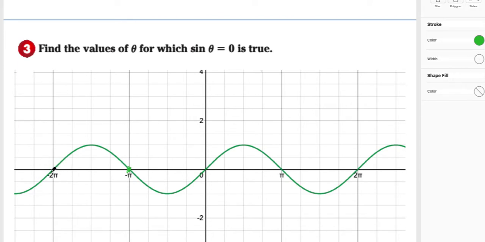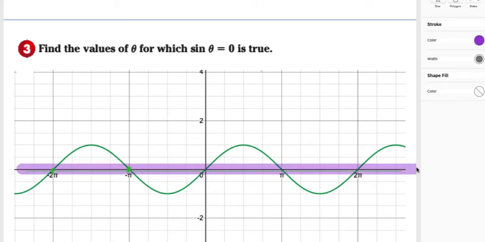But if you notice here where y is equal to 0, I'm drawing this horizontal line over here. Maybe I should draw it in a highlighted line. There we go. So what we're concerned about here is all the places that intersect the graph such that it intersects the x-axis, or the y equals 0 line. And those would be these places here.